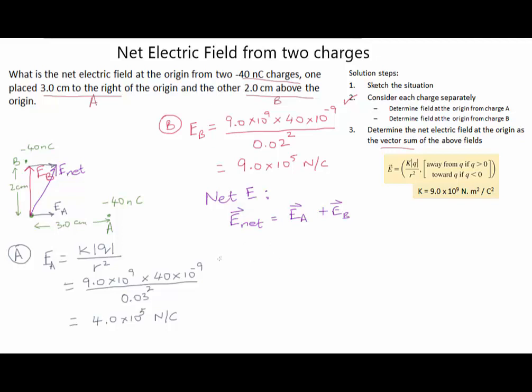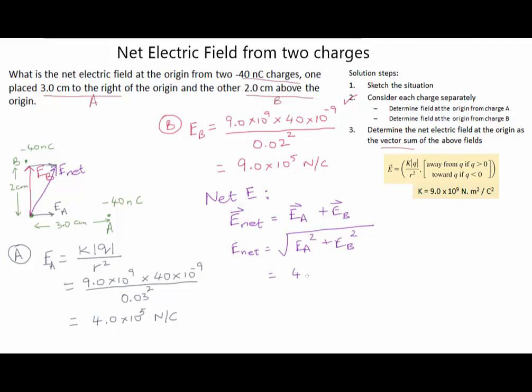I got to use trigonometry and Pythagorean theorem to get the magnitude of E net and the direction of E net. To get the magnitude, that's simply the length of this diagonal line, and since that's the hypotenuse of this right angle triangle, I have E net magnitude is simply the square root of the sum of the squares of the other two sides. So EA squared plus EB squared.